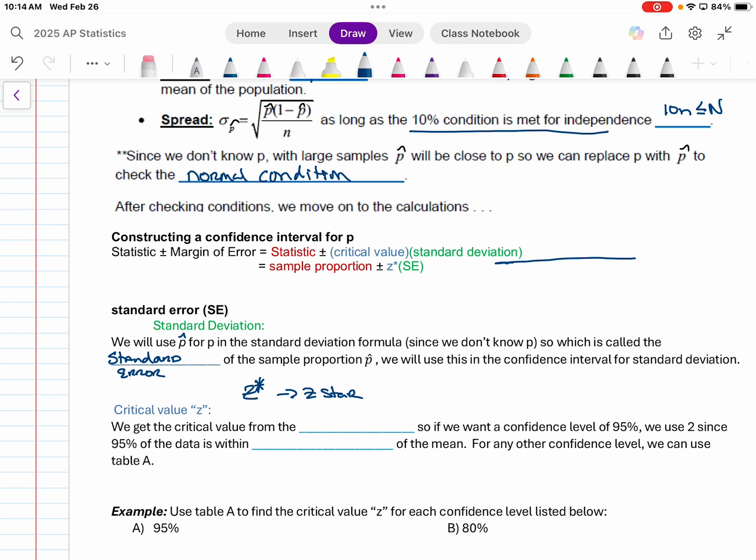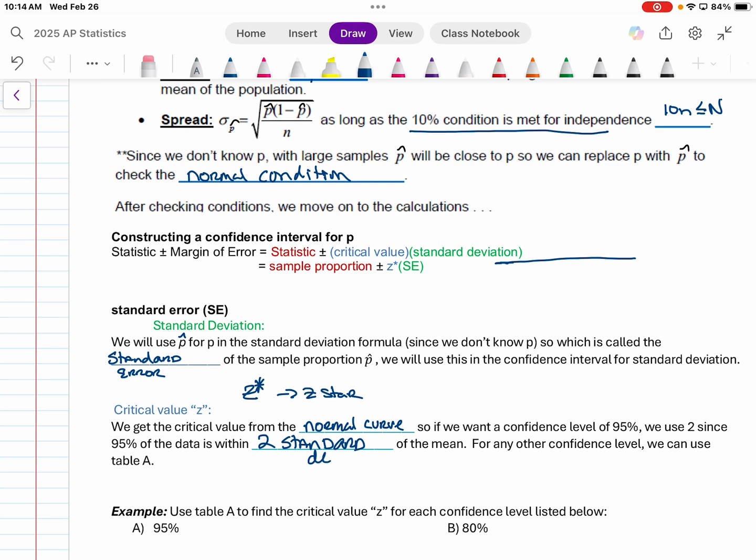We get a critical value from the normal curve. If we want a confidence interval at a 95% level, we use 2, since 95% of the data is within 2 standard deviations. That's basically using the empirical rule.